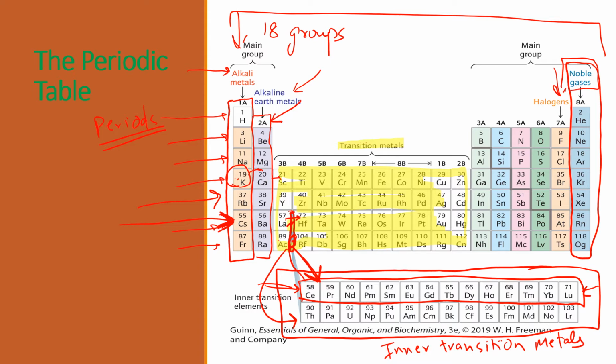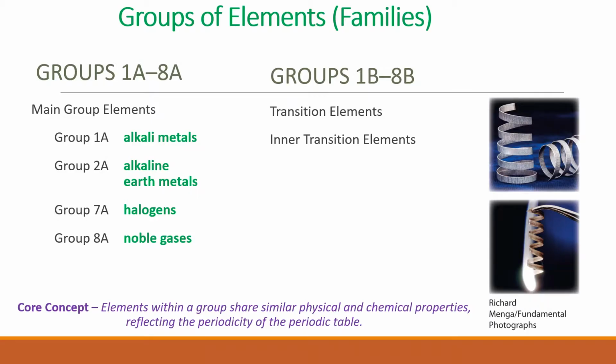As mentioned earlier, the elements within the same group have similar properties. The group 1A elements are known as alkali metals, group 2A are known as alkaline earth metals, group 7A are known as halogens, and group 8A known as noble gases.